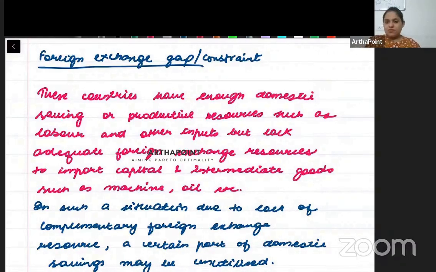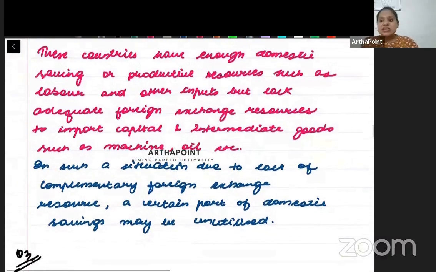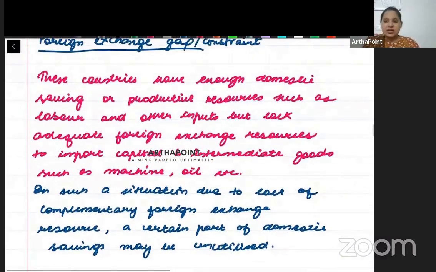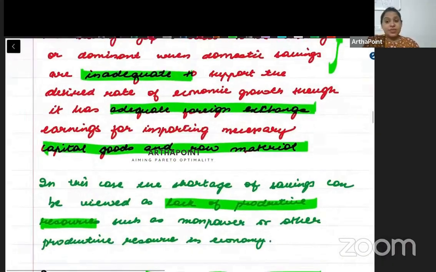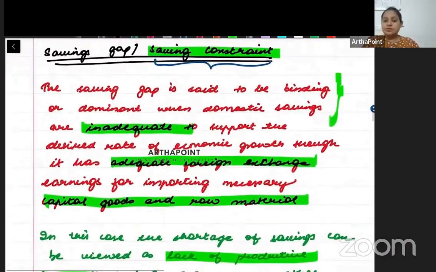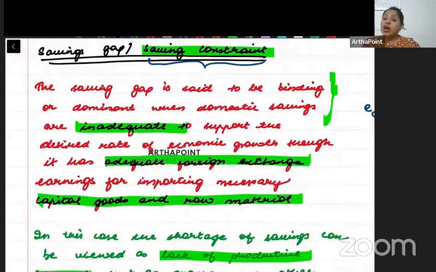India में यही हुआ था. We had the capability. अगर हमारे पास proper capital होता, we could have grown, but we don't have the currency. If I don't have the currency, how will I grow? So in this case, what is missing is the currency itself, right? That's the constraint. But here, you have the currency, but you don't have the productive resources to invest in the right capital.